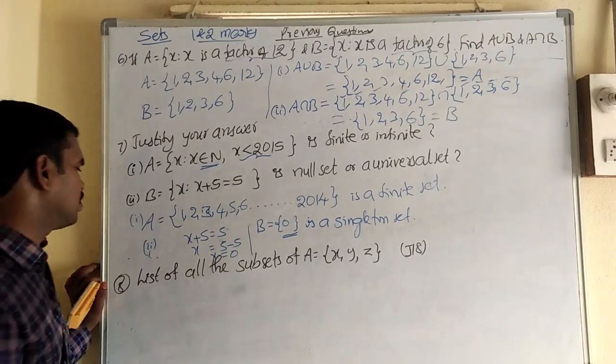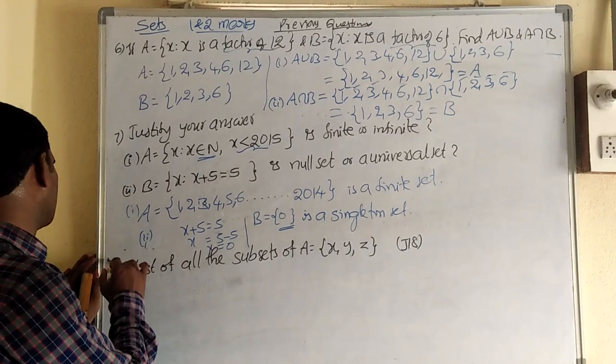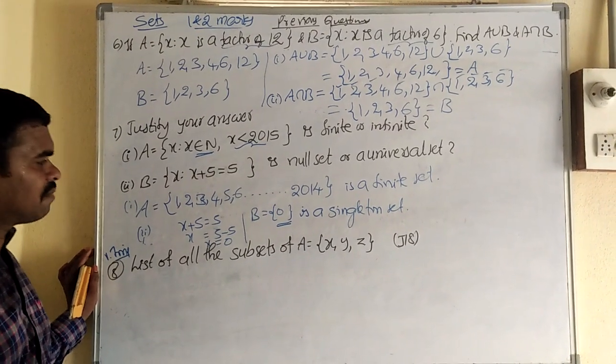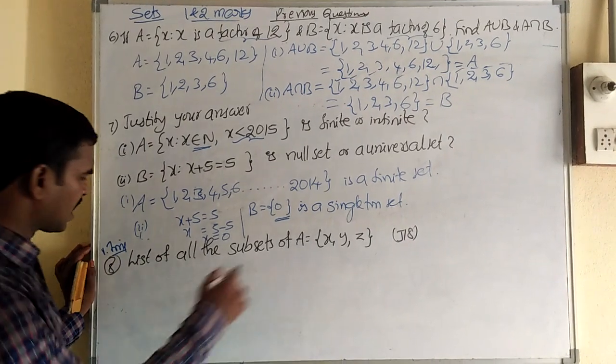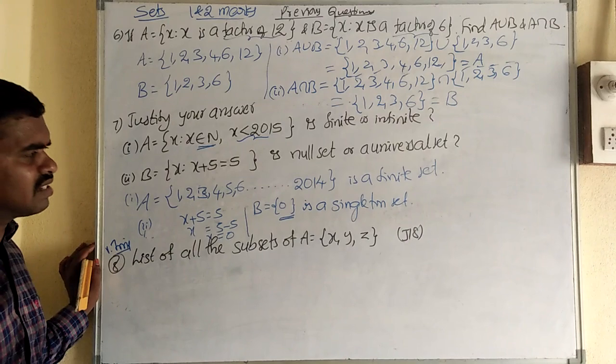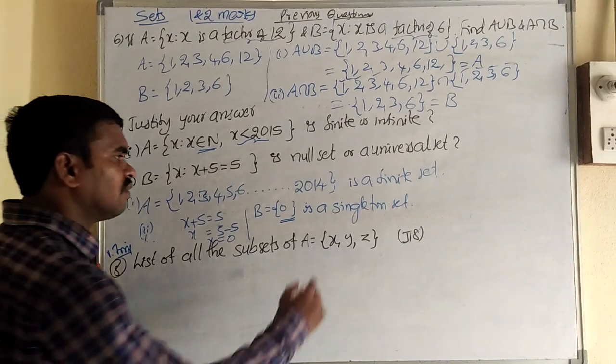Next, list all the subsets of A equal to X, Y, Z. Very important, this most probably comes as a 2 marks question. Before writing the subsets, we can say how many subsets there are.